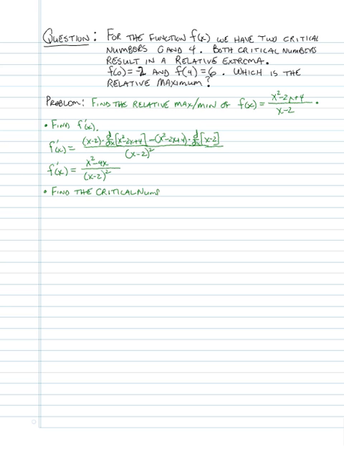Now, here's the first place that we might have a little bit of trouble. Okay, so remember, there's two types of critical numbers, or there's two types of situations that create a critical number, where the derivative is 0 or where the derivative is undefined. Now, in this case, we have to be careful about this derivative being undefined, because when we look at the derivative, we see a fraction.